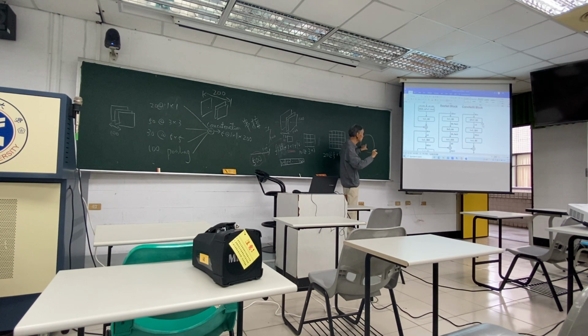The block in the middle has more filters, 384, but it's 96 here. Usually you will go like this, 384, 96, and then 384. Okay, this becomes the bottleneck, called bottleneck convolution, and this is the inverse bottleneck convolution.